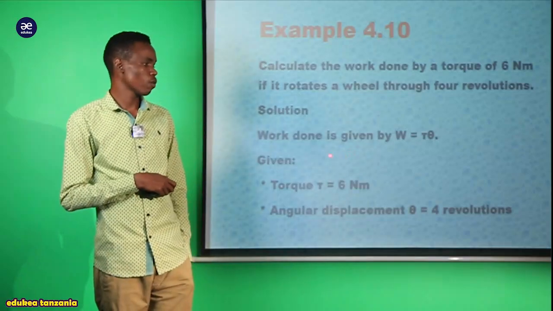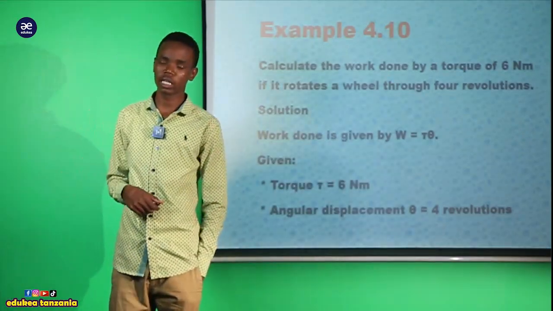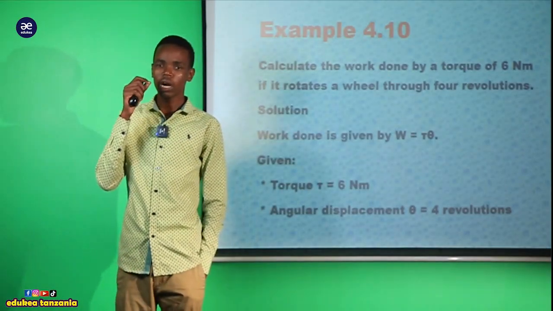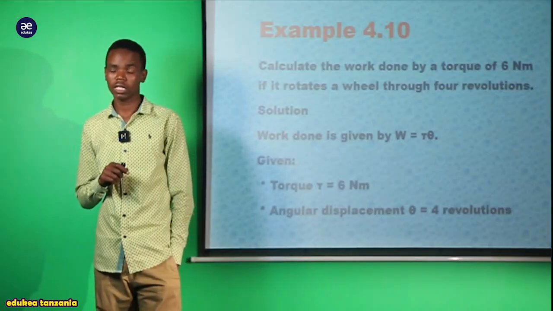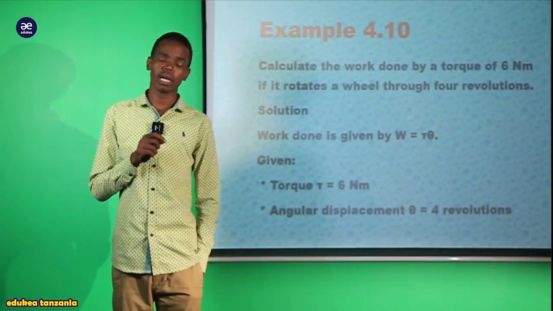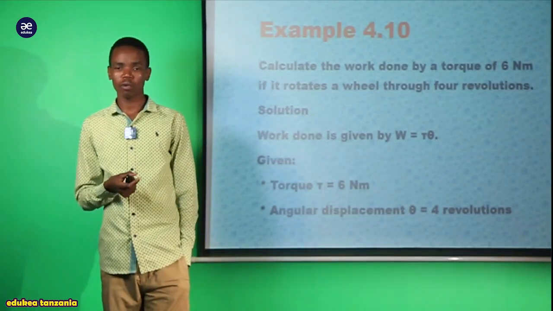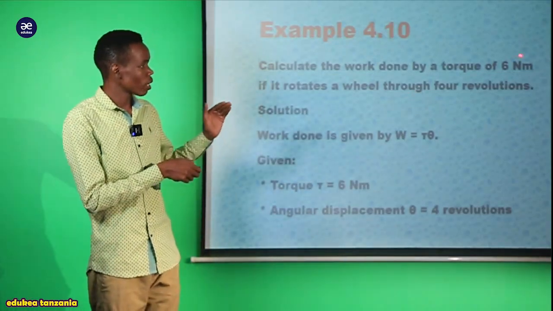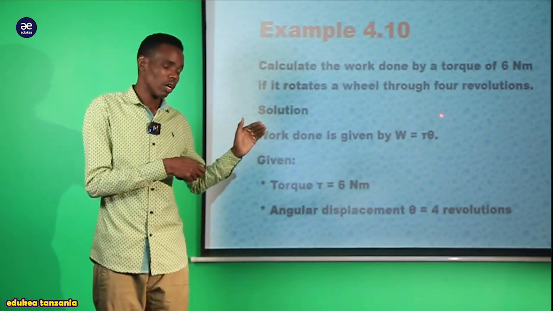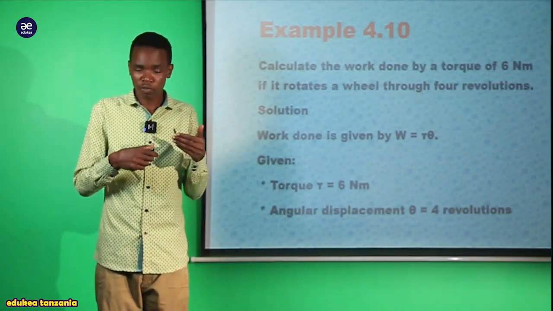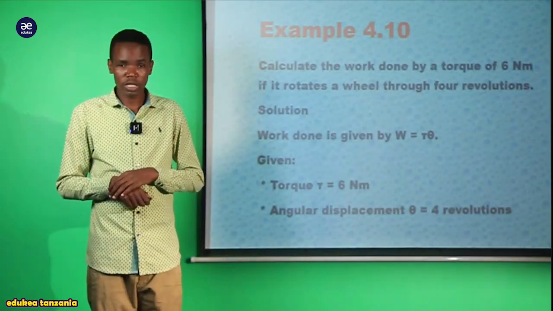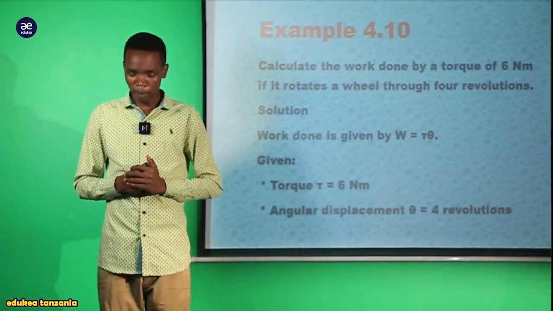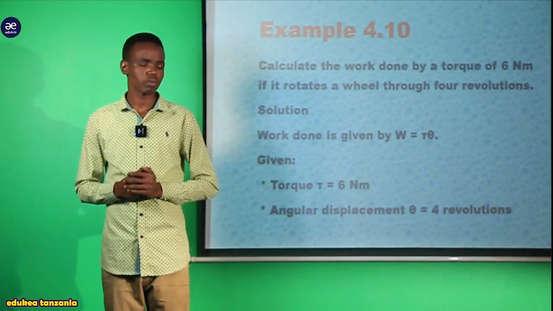Kwa tutamwambia sasa, kumbe tuweze kupata huyu work done ni sawasawa na force yule tangential force, then we multiply by r theta. But Fr we know ni sawasawa because hatuna kwenye swali letu force wala hatuna r. Kwa kama hatuna r, lazima tumuondoe ile force times r, to substitute ni sawasawa na torque kama tulivyoambiwa hapa kwenye swali letu.